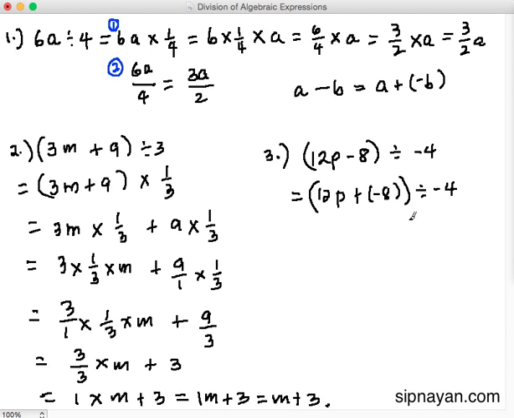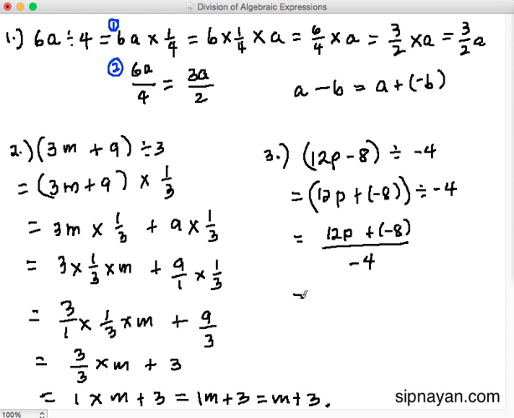Okay? So, ito, pwede natin siyang all over -4 siya, di ba? Kasi this whole expression divided by -4, so magiging 12p plus -8 all over -4. Kapag ganito, anong pwede natin gawin, no?